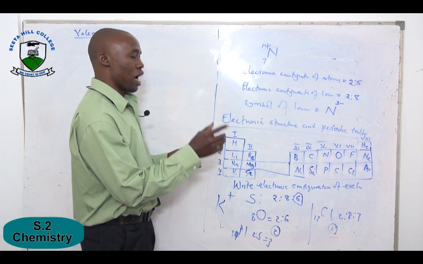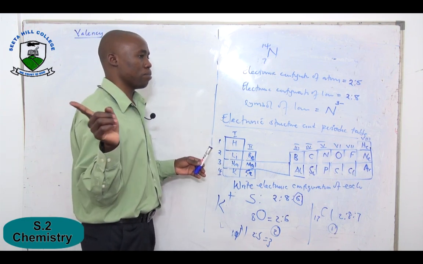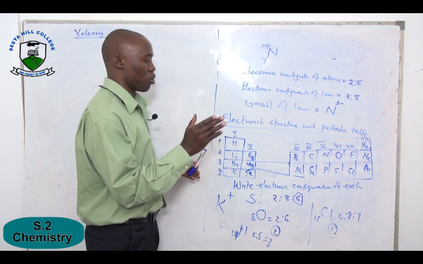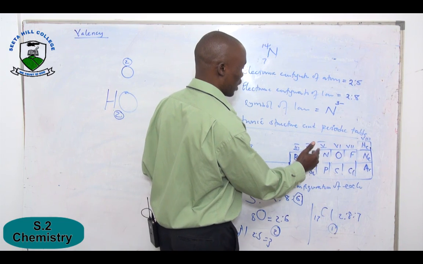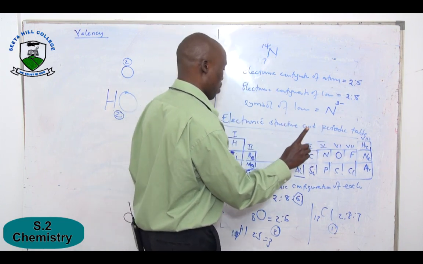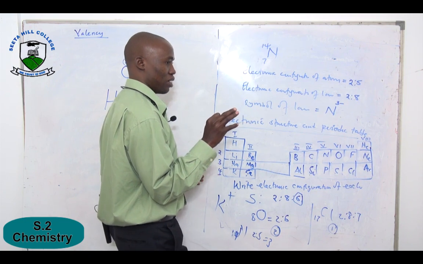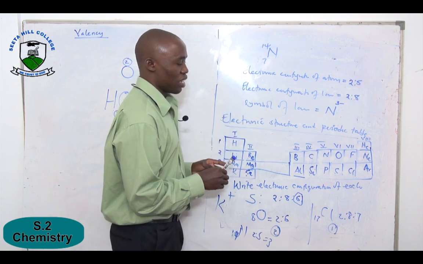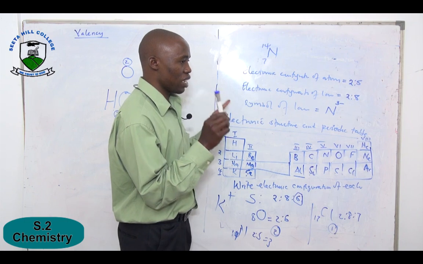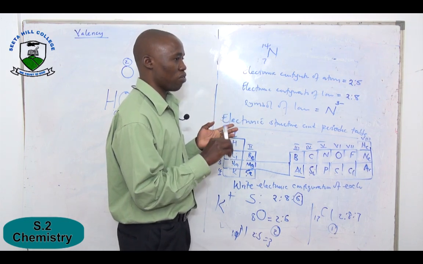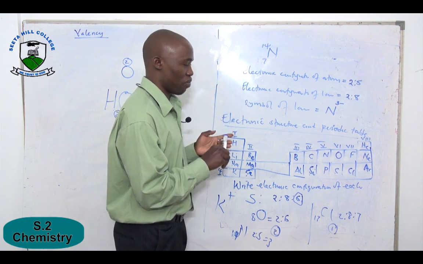See, as we said earlier, any atom becomes stable if it gains or loses electrons. We want to explain 3 things at once. We said you gain electrons when outside you are from 5, 6, and 7.